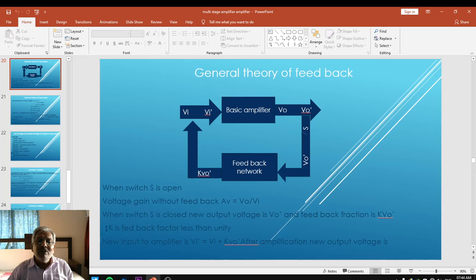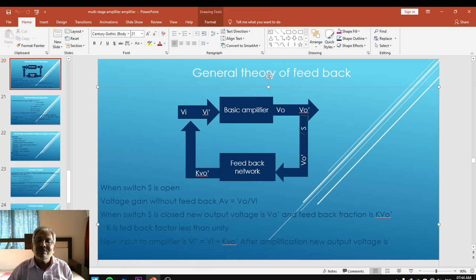The new input to the amplifier is Vi dash equal to Vi plus K times Vo dash. K Vo dash is the feedback voltage. It is introduced in the original input voltage. Therefore, the new input voltage becomes Vi dash equal to Vi plus K times Vo dash.